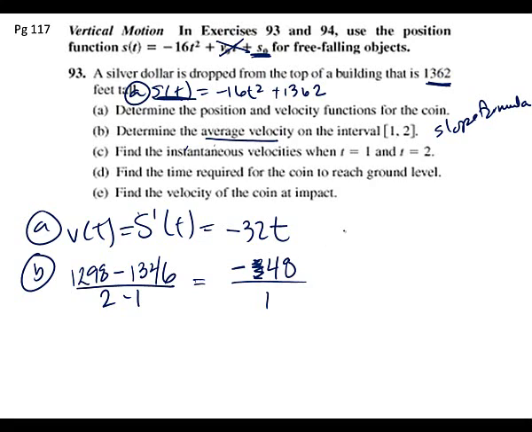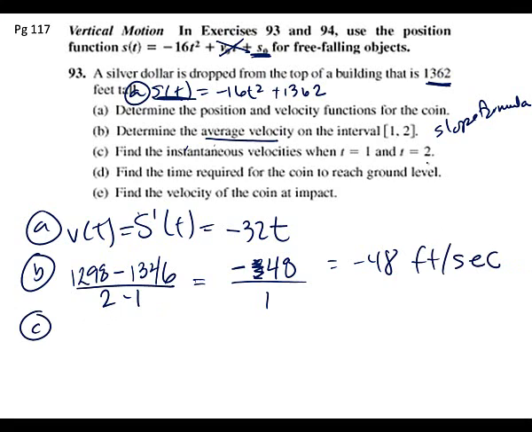I got 50. I did something wrong. Hang on. It's not 50. 1298 minus 1346. I got negative 48. We're good. All right, negative 48, but it didn't give us, oh, it says feet per second. Okay. All right, part C.